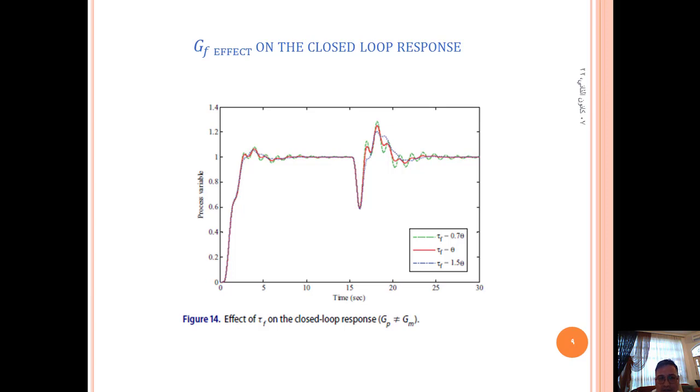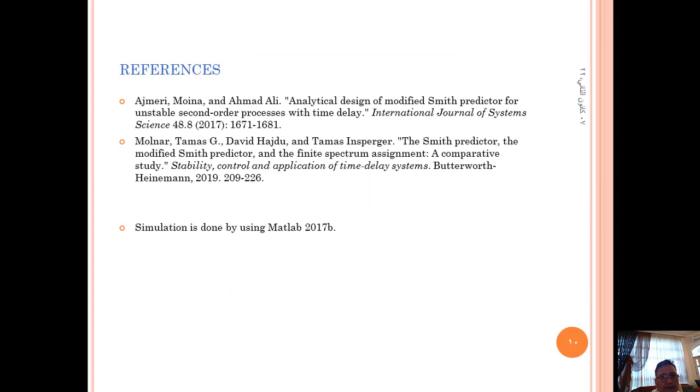He put tau f 1.7 and theta 1.5 theta. I used the same one, but my figures are separate, each figure alone I took it, and I depend on my references, the base paper and another book, chapter 10. It talks about the Smith predictor and its modification, and the simulation I did by using MATLAB 2017B.